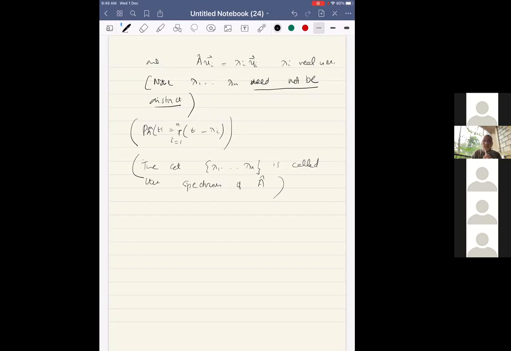And it's only the real roots that actually correspond to eigenvalues, because eigenvectors will only exist for those.